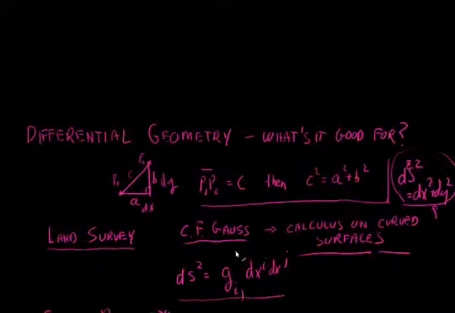And this thing has a fancy name. It's called the metric tensor. The metric tensor is telling you how to combine products of these differentials and multiply them by some appropriate factors to get the infinitesimal arc length.